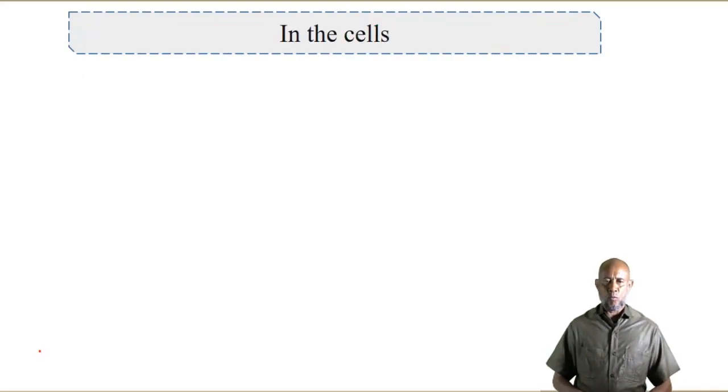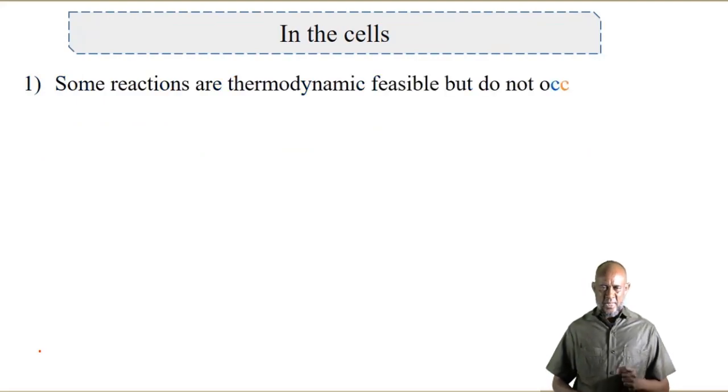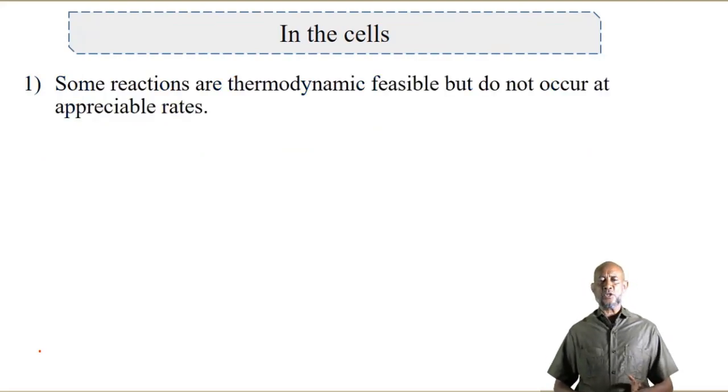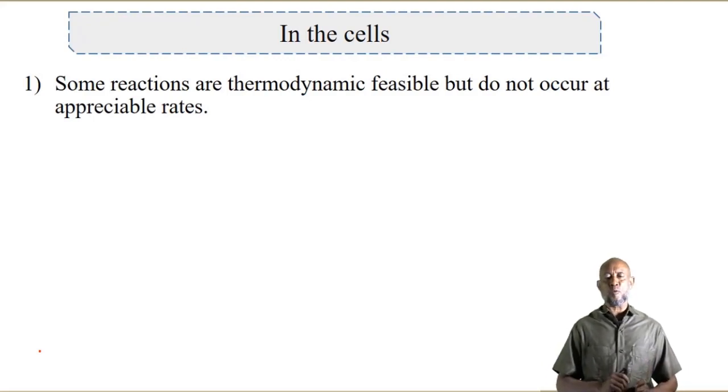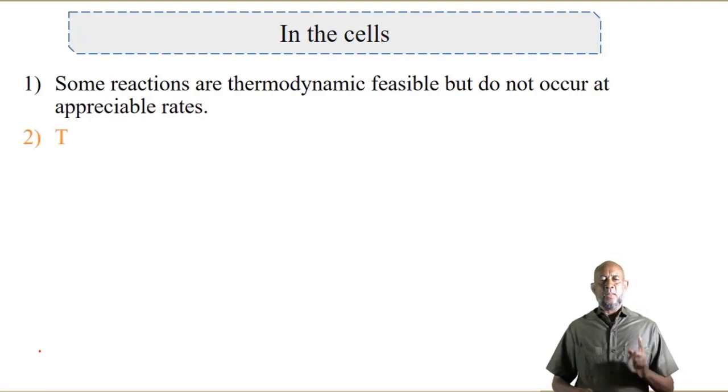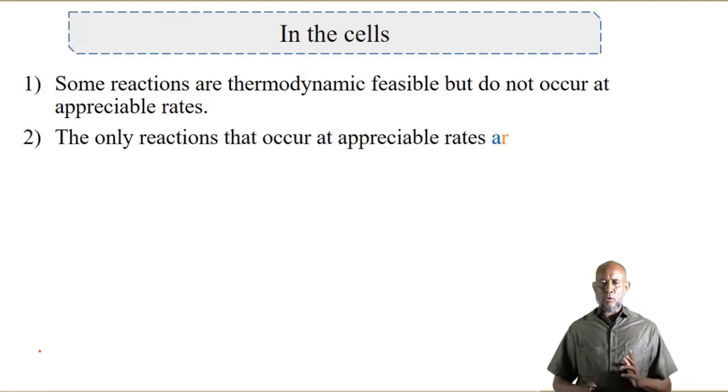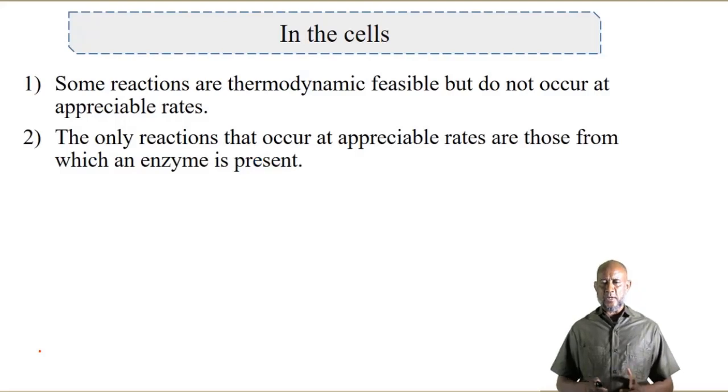In the cell, what will happen? In the cell, some reactions are thermodynamically feasible. That means they can proceed spontaneously, but do not occur at an appreciable rate. Therefore, the only reactions that occur at appreciable rates are those for which an enzyme is present.